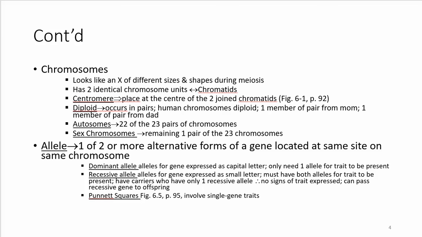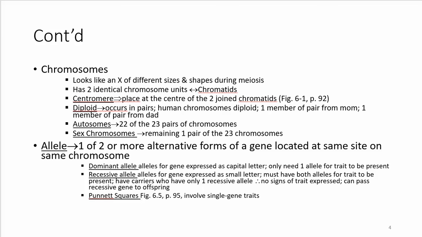They look like an X. In the middle of it, there is a centromere that holds the two arms of the X together. Each arm is identical, and we call those things chromatids. So two chromatids are joined by a centromere to make a chromosome.